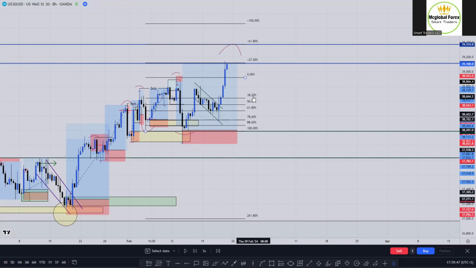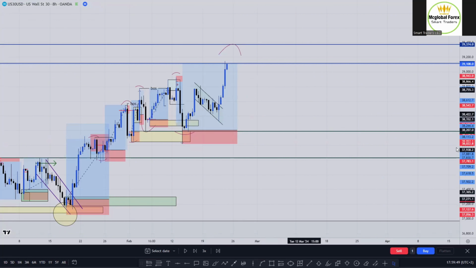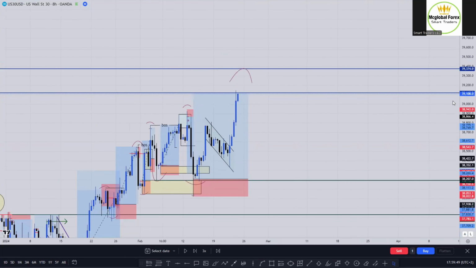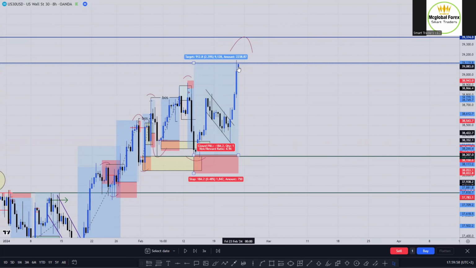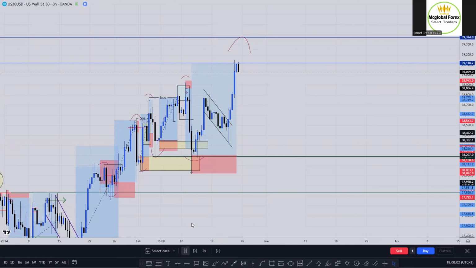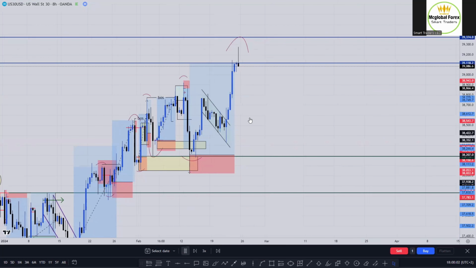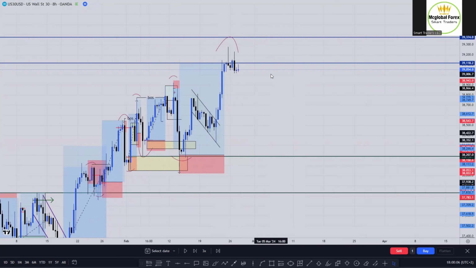A pullback. So in this case, your TP was hit, even if you exited your trade here. That was a successful trade that you could have held, I think, from the 14th of February to almost the 24th. That's almost 10 days, close to two trading weeks.